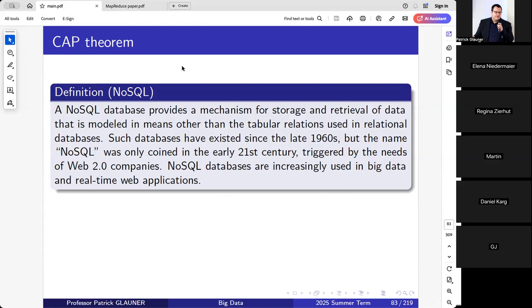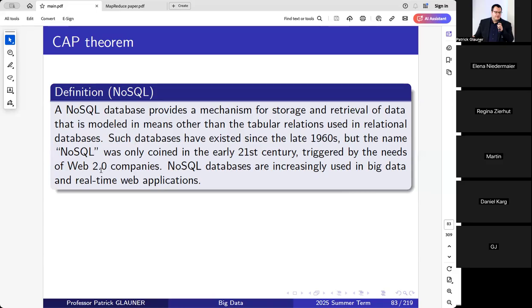Such kind of systems have already existed since the late 1960s, actually, but this term NoSQL only came up some 15 years ago. And this was often triggered by the needs of Web 2.0 companies. This is also a term that came up some 15 years ago. So web companies that deal with very large amounts of data, and they want to be available very quickly.